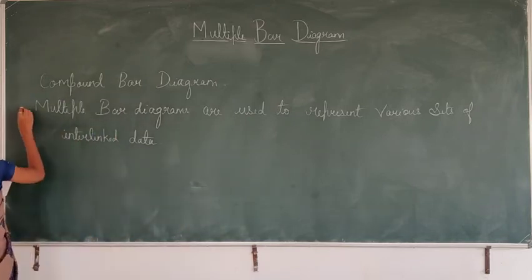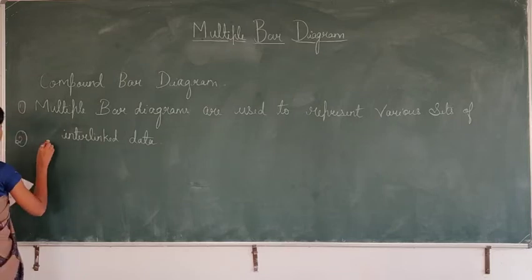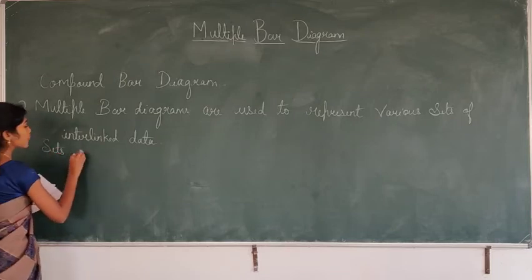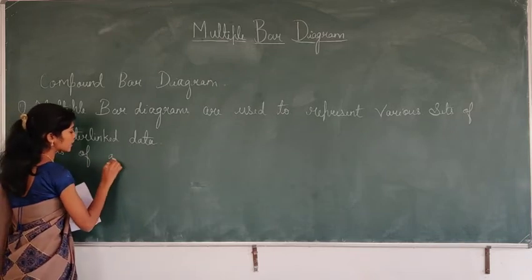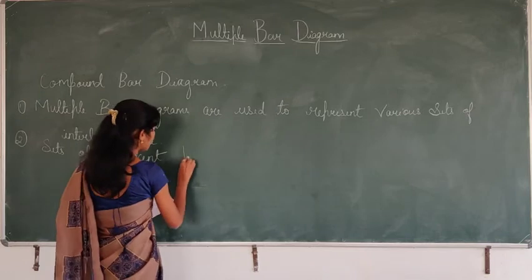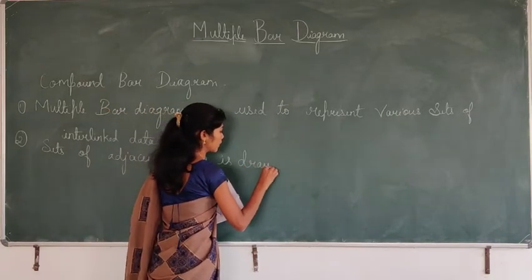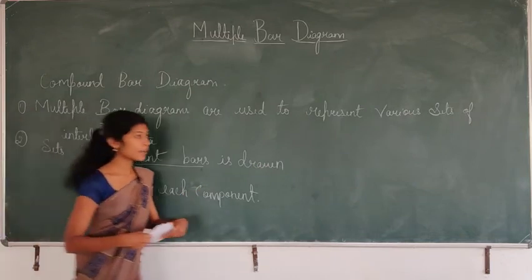So in multiple bar diagram, sets of adjacent bars are drawn, one bar for each component.